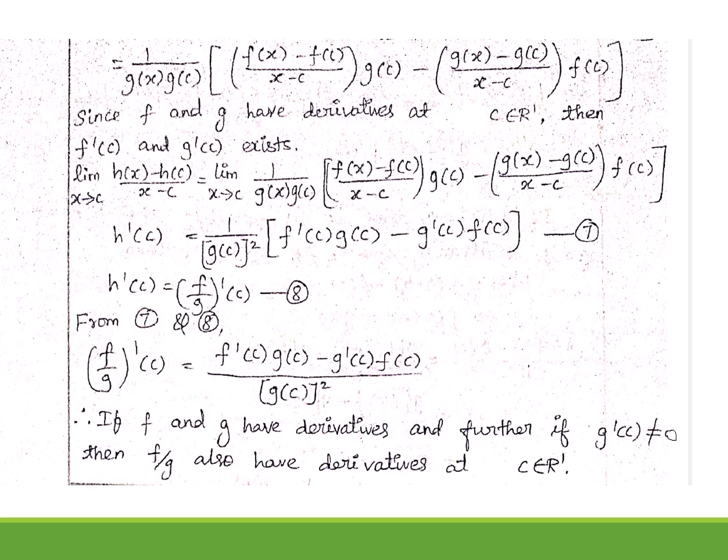This equals 1 divided by g(x) g(c) into [f(x) minus f(c)] divided by x minus c into g(c), minus [g(x) minus g(c)] divided by x minus c into f(c). Then since f and g have the derivative at c belongs to R, f dash of c and g dash of c exist.